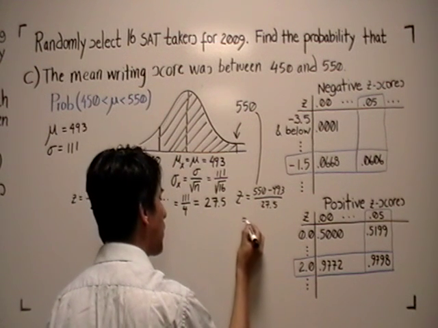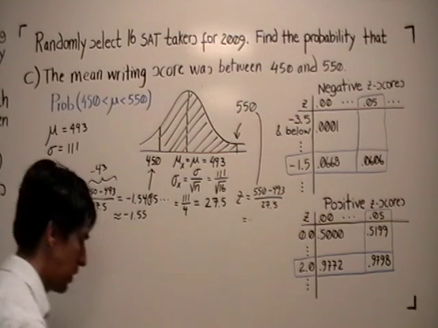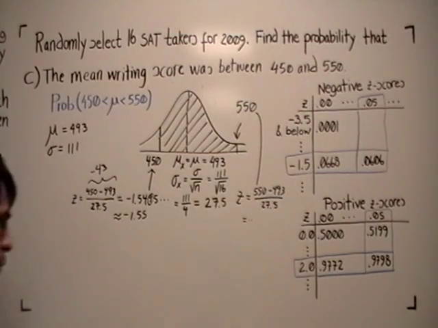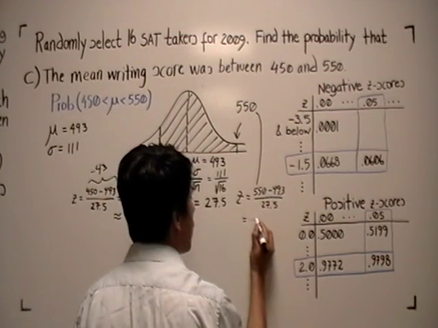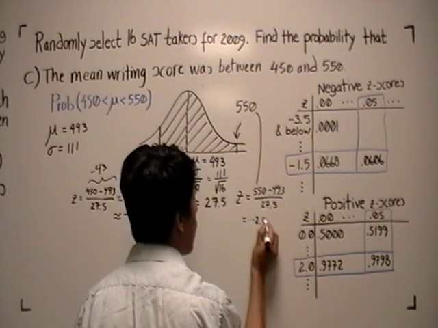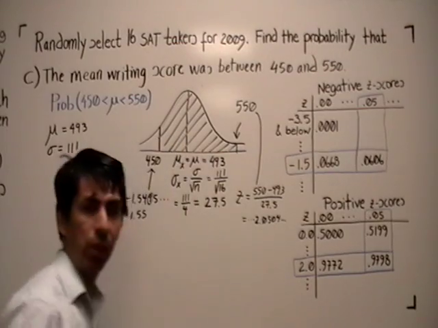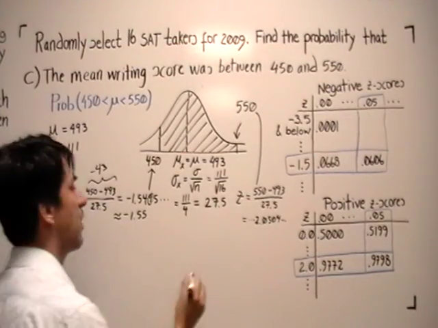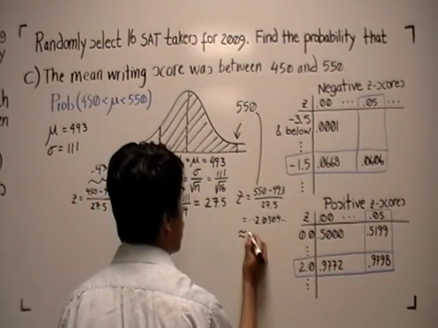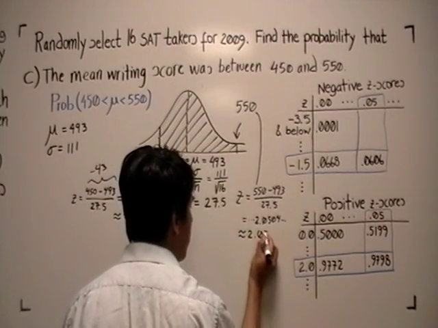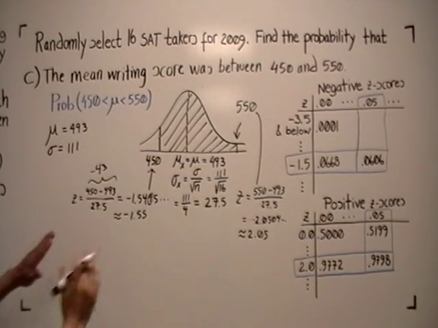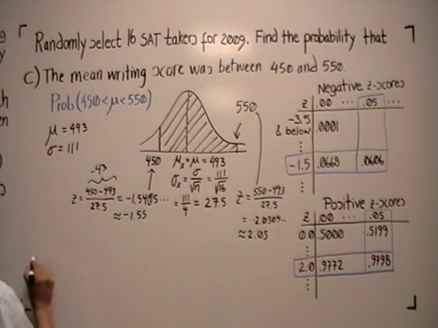After the calculation, you get 2.0504 and change. Again, we need to round this to the nearest 100th, so it turns out to be 2.05. So now we have our standard normal distribution.